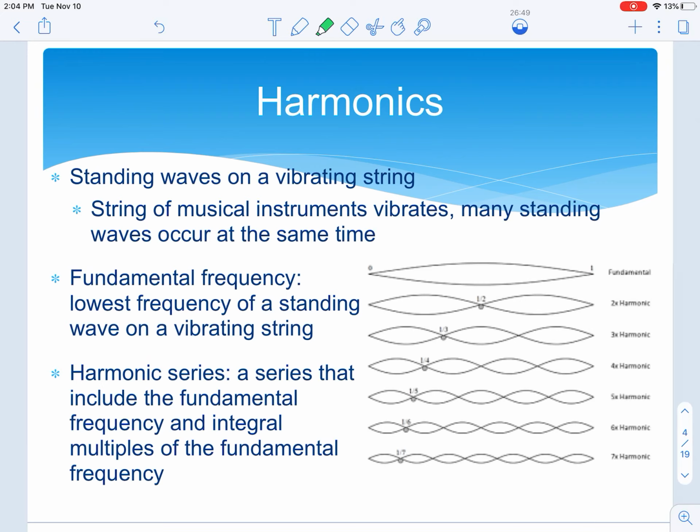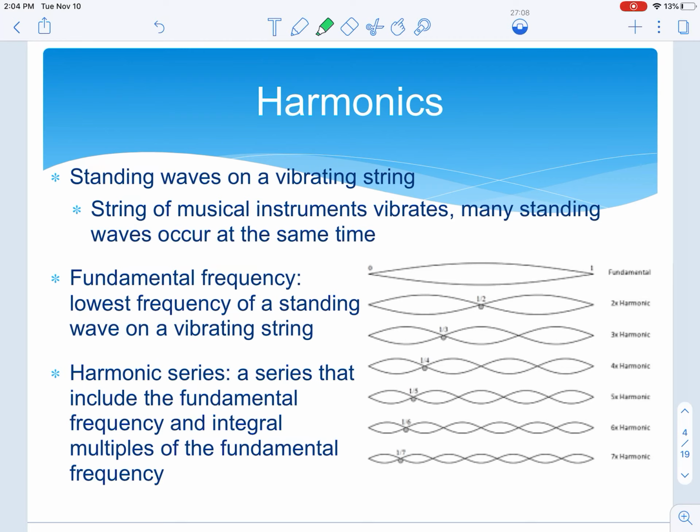Harmonics is an idea where we create a standing wave. This allows us to understand what frequency is needed in order to create a standing wave.